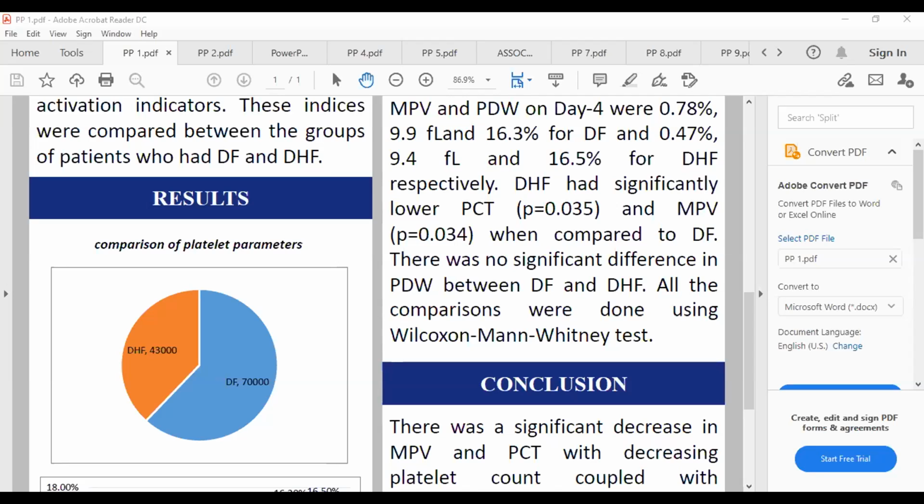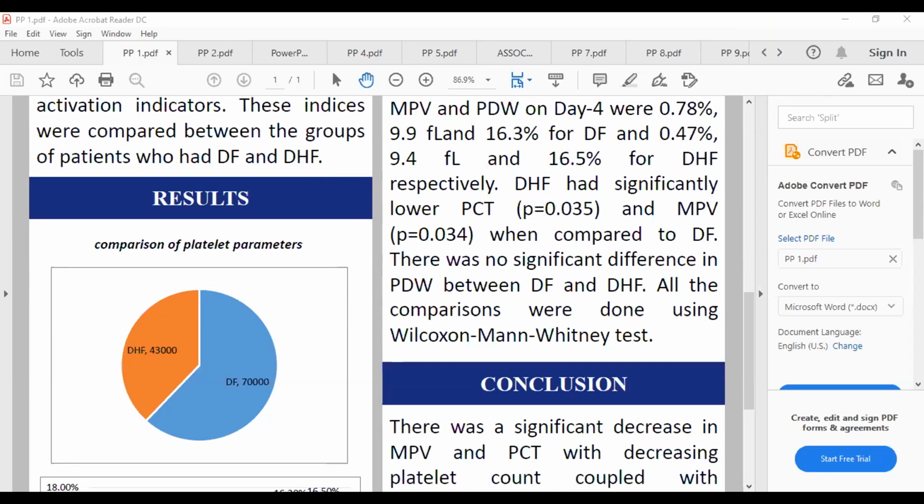Because mean platelet volume in yours is reduced, and in some studies it is increased. Madam, the difference is that when it is increased, there is destruction of platelets and there will be new platelets. But when mean platelet volume is reduced, we can identify that bone marrow suppression is still going on. So we know there will be a hemorrhagic tendency, and there will not be any new platelets. That is also found in other studies as well.